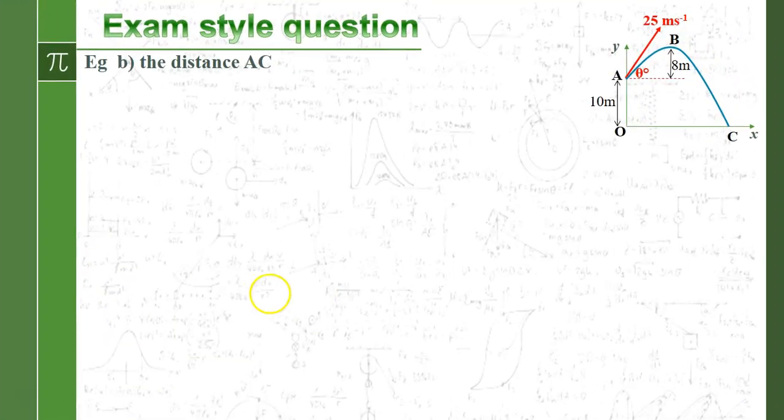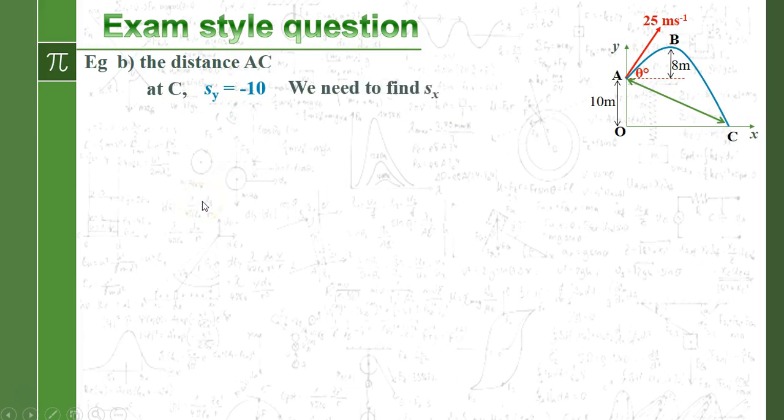So now we've got theta being 30 degrees, the distance AC, the distance that's just appeared on the diagram there. A bit of Pythagoras is going to do it for us here. We know that AO already is 10 meters. In this particular case, I've said Sy is minus 10 because we are 10 meters below our starting point, but when we do the Pythagoras bit, that's not going to make a massive difference. We just need to find the horizontal distance.